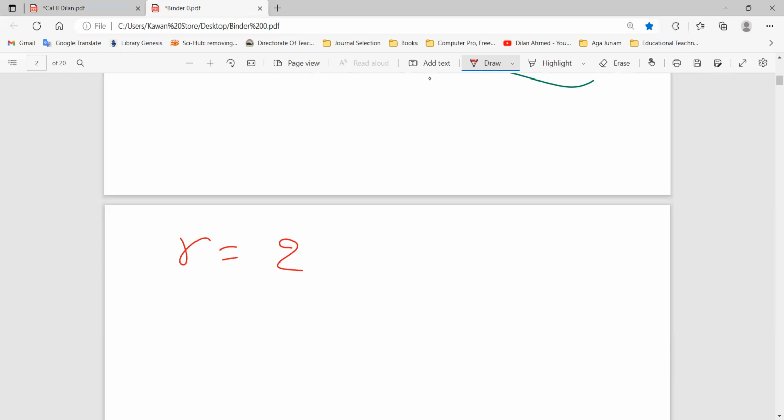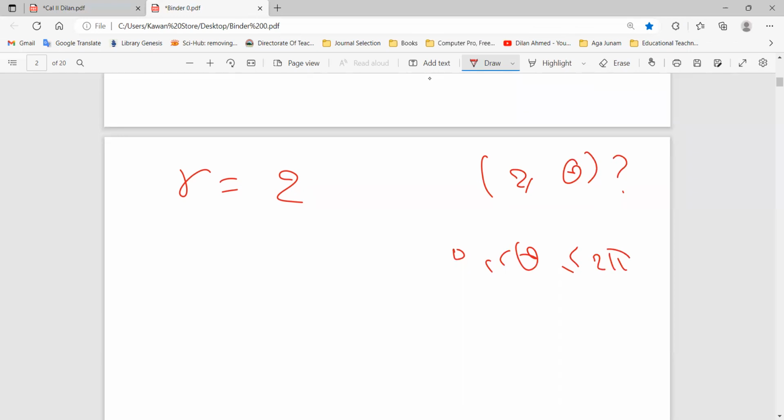If you want to sketch the graph, even for a single point, you need r and theta, right? So r is 2. Where's theta? Because your example didn't mention any theta, it means theta is at least between 0 and 2 pi, at least in your mind. Keep that in your mind. So I'm going to analyze that one.